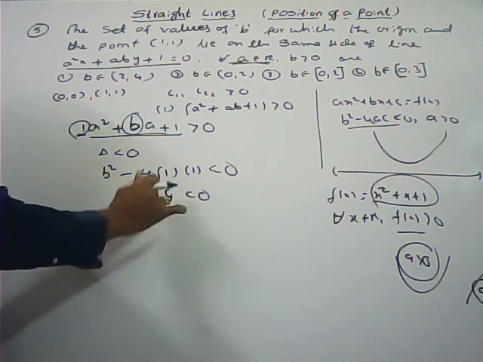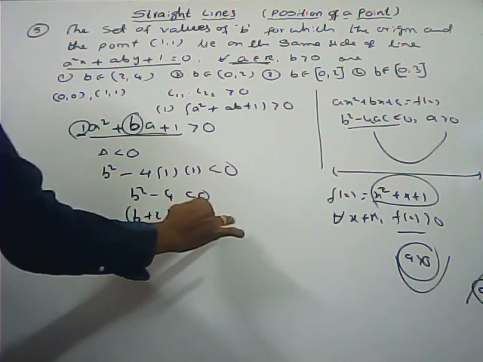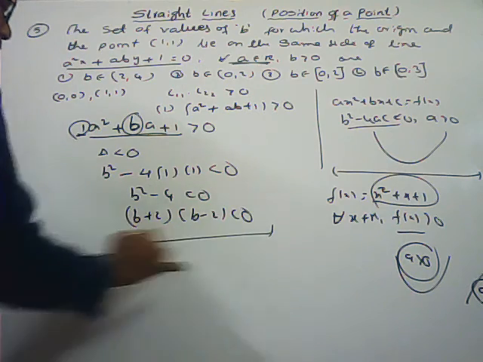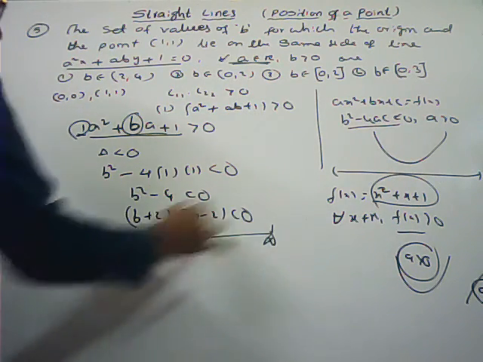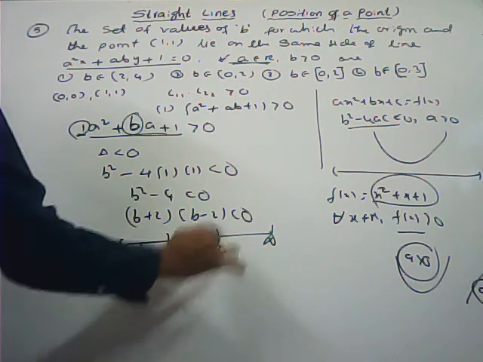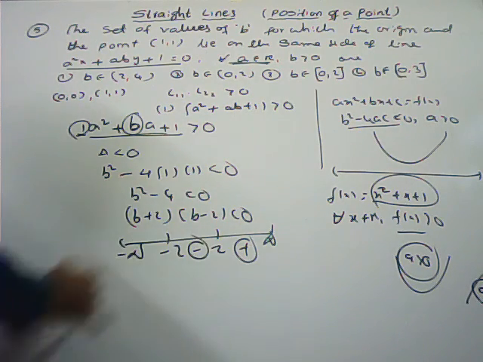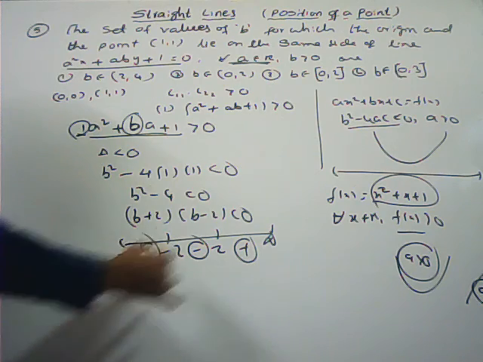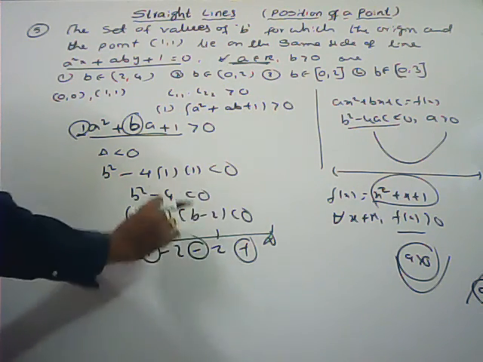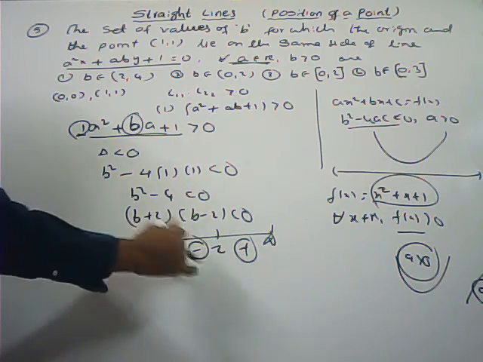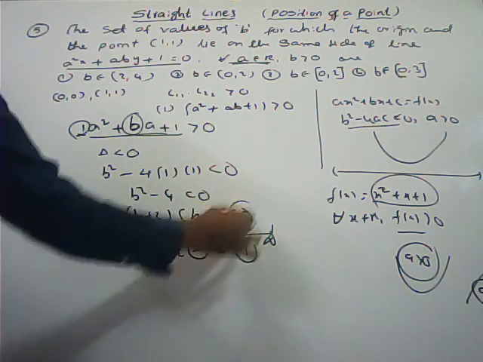Here 4 we can write as 2 square: b square minus 2 square, so b plus 2 into b minus 2 is less than 0. If you want, you can take the number line, or directly write that b lies between minus 2 and 2. Take minus infinity to plus infinity with zeros of b. In the first subinterval, always positive, then negative, then positive. The sign changes alternately; the product of a negative and a positive is negative.